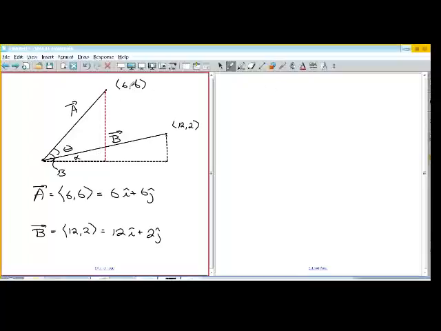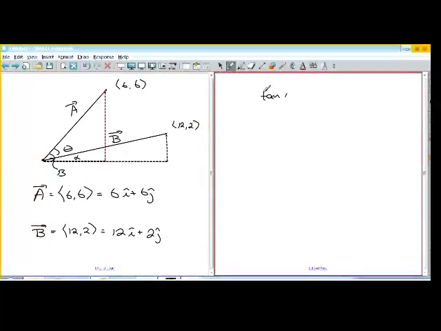So we have the two sides of a triangle. The tangent of alpha, this angle here, is going to be 2/12. And the tangent of beta is 6/6.